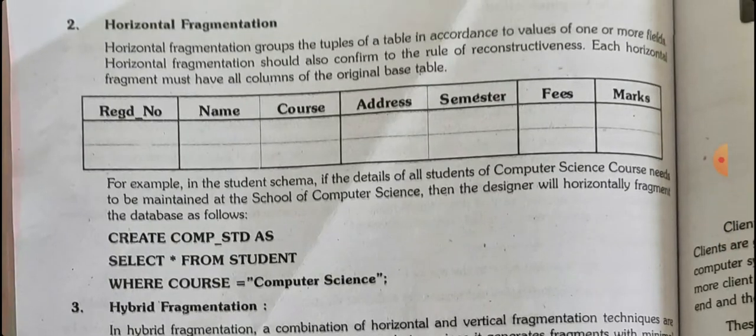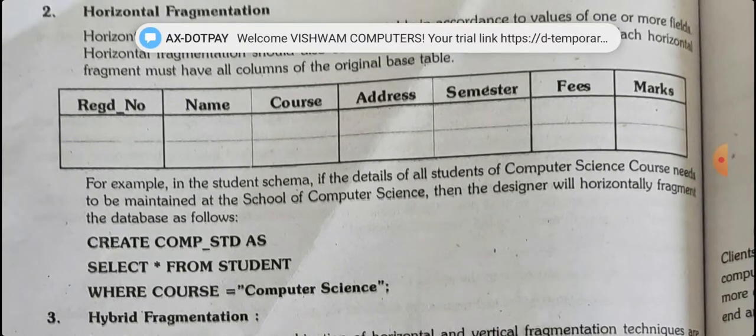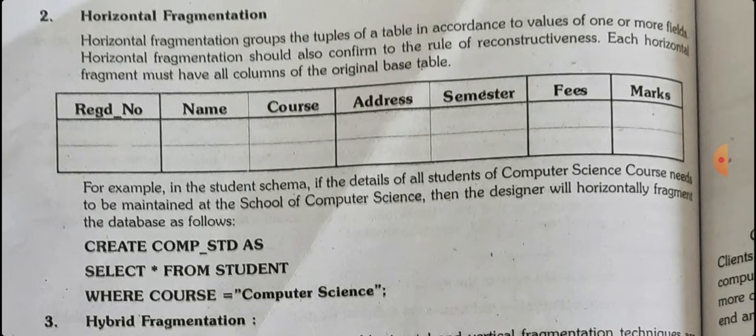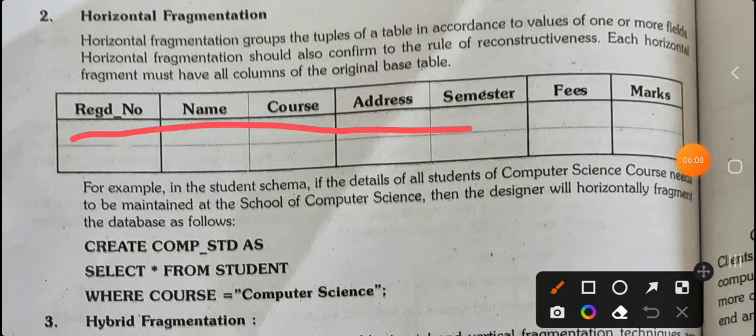Now I'll go for the next one, horizontal fragmentation, where you take a collection of records. We won't divide the table column-wise into columns, but into pieces of information. Suppose we have register number, name, course, address, semester, fees, marks. As per your example, if the course is computer science, then we will have the details of students who are studying computer science only.